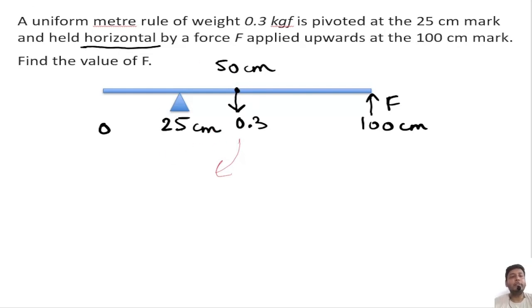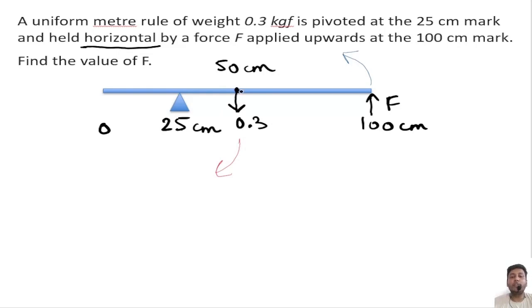Similarly, the force F will tend to move this ruler in this direction, so it is bringing anti-clockwise moment. We have studied that the algebraic sum of clockwise moment and anti-clockwise moment should be equal to 0 in case of stable equilibrium. So let us calculate the clockwise moment first.